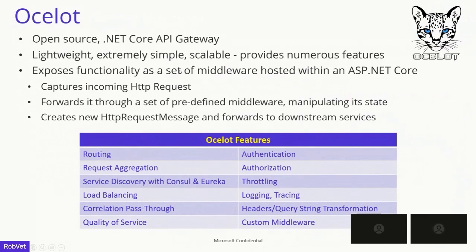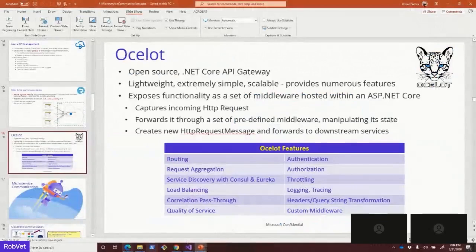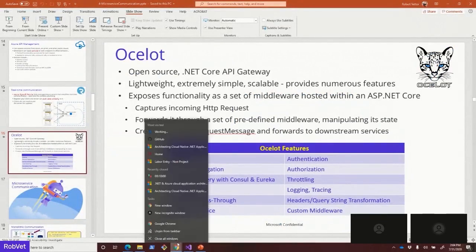It exposes a lot of different features: throttling, logging, tracing, load balancing, request aggregation. So again, this is an open source one you can plug in. It does work. eShop, the other reference architecture from Microsoft, uses Ocelot as well. If you go out to Ocelot in the browser and just type in OC, let's take a look here. You'll see it.